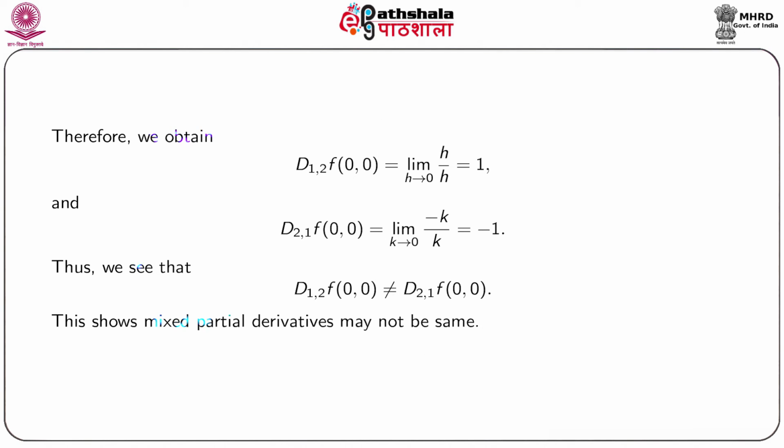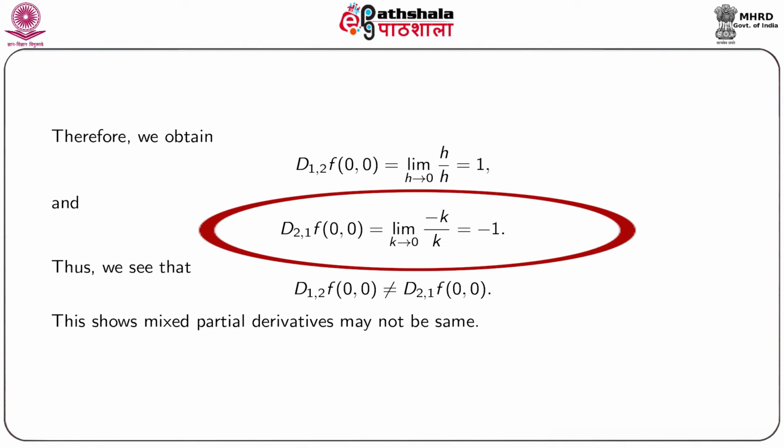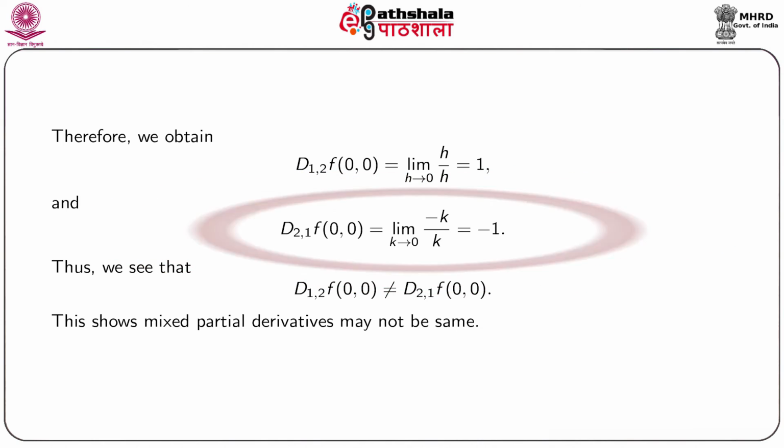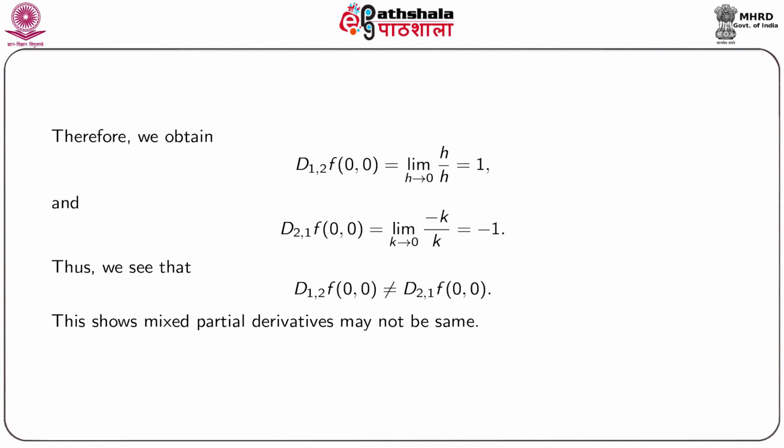So, after putting these values, we find d12f at the point (0,0) will be 1, whereas the other partial derivative will be minus 1. This shows del 2f del x del y is distinct from del 2f del y del x. This shows that mixed partial derivatives may not be the same.